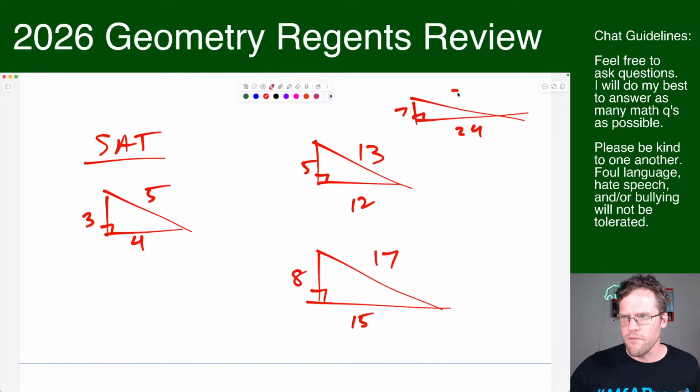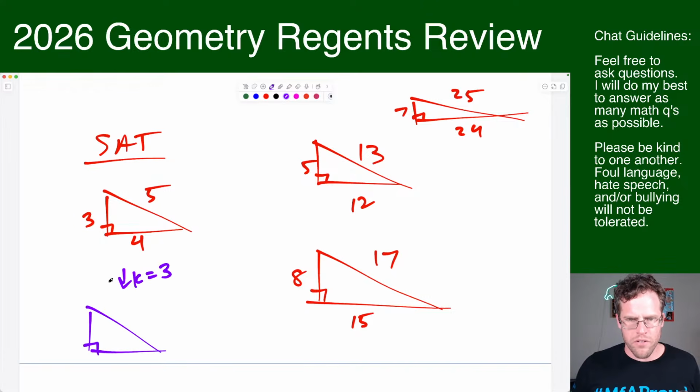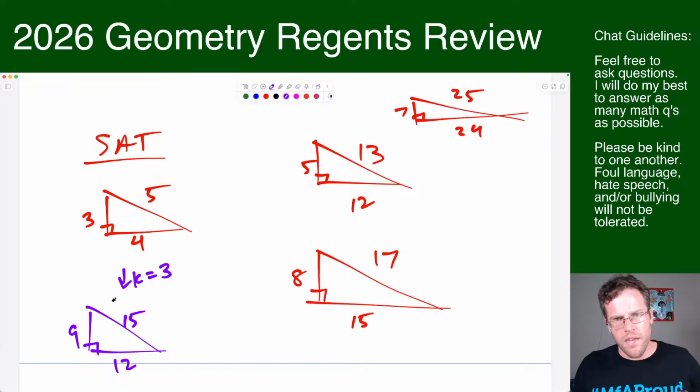Those are the popular ones, called Pythagorean triples. I know these make right triangles. But if I had a scale factor of, let's say 3, then 3 times 3 is 9, 4 times 3 is 12, and 5 times 3 is 15. So I could find missing sides of right triangles without using Pythagorean theorem if I have these basic Pythagorean triples memorized and I recognize them. So, just pointing that out.